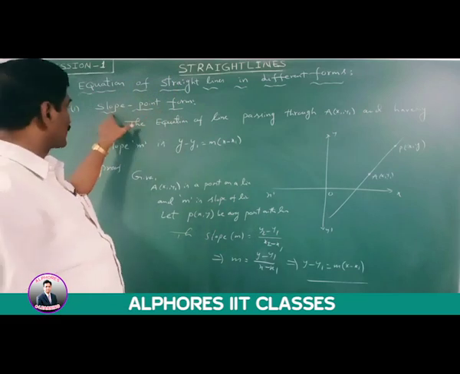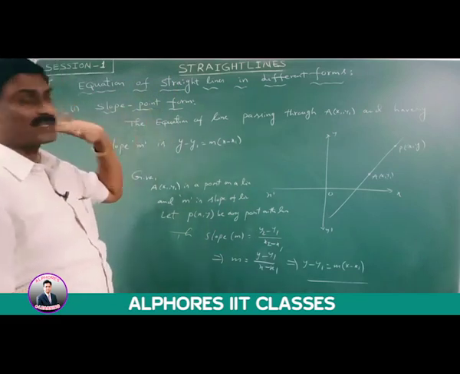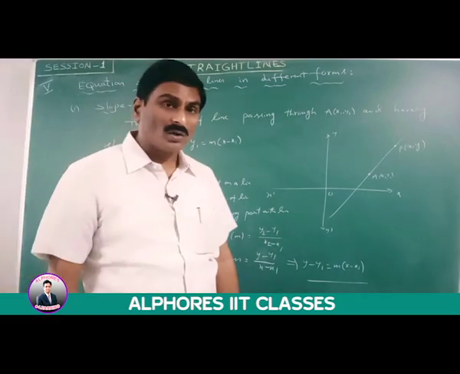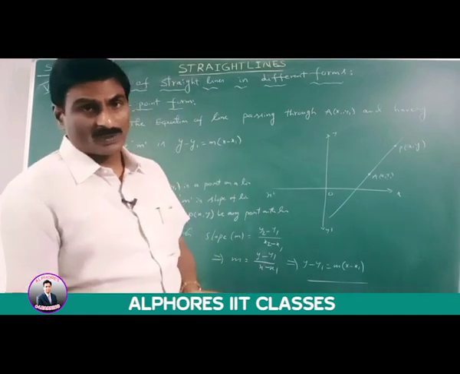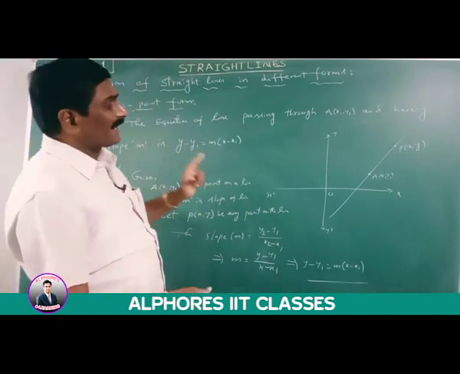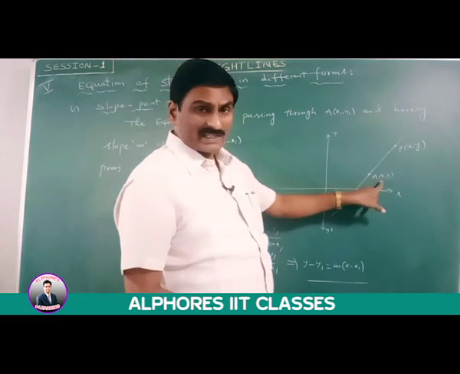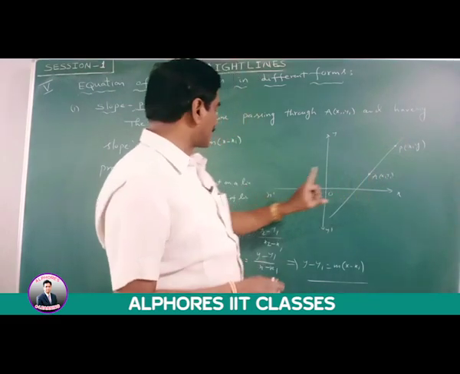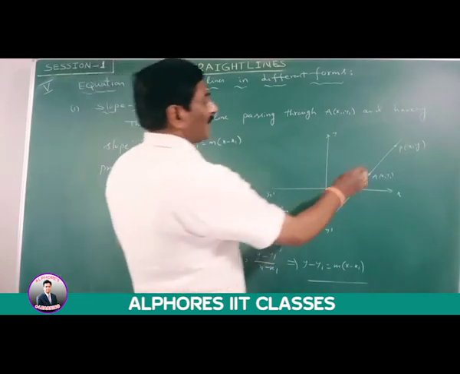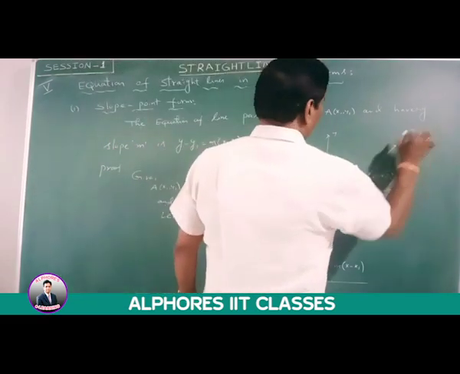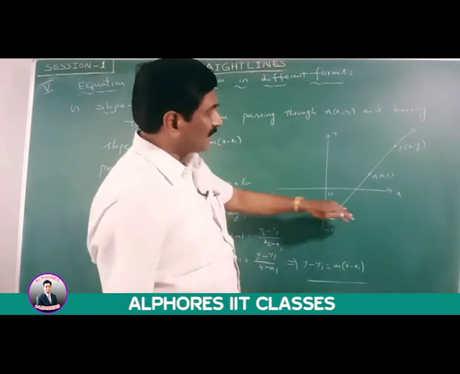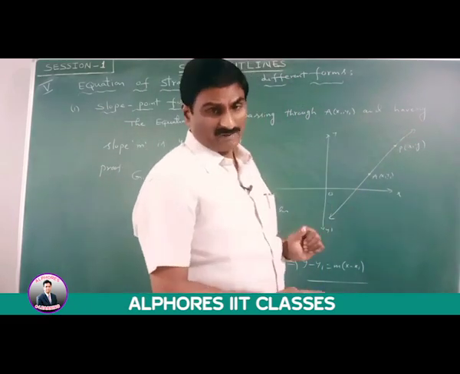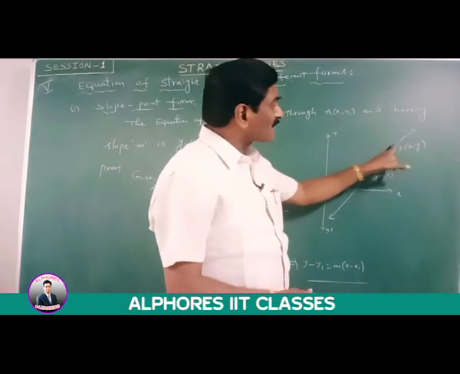If the slope is given and point is given, then equation of the line is y minus y1 is equal to m into x minus x1. So in this case, the point on the line (x1, y1) is given. Say this is one of the line. A(x1, y1) is one of the point on the line and m is the slope of the line. Say P(x, y) is any point on the required line. Then what is the slope of the line AP?